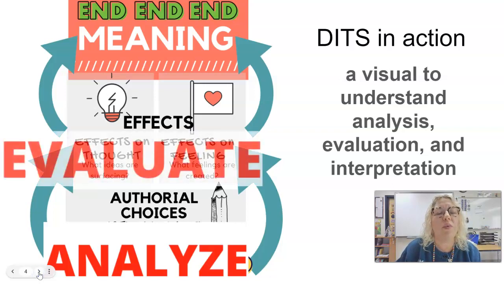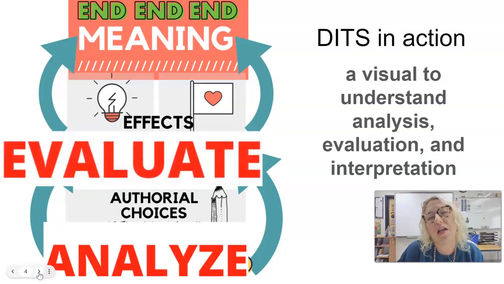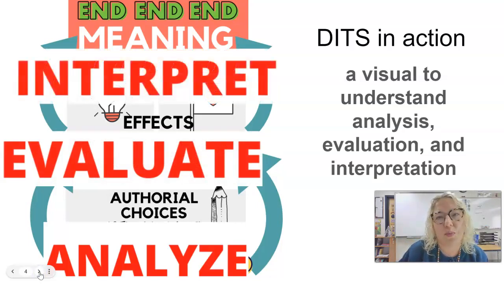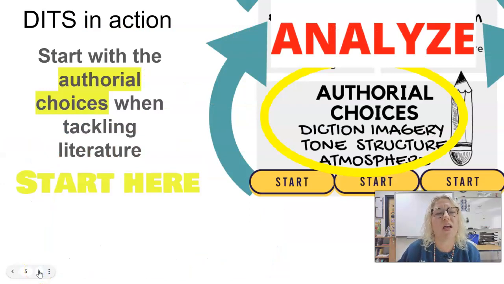And then when we look at their effects on the audience, we're evaluating. That's the next step. And then the third, finally, is to interpret, to say, well, this suggests that the meaning is. And those are the three skills that IB wants you to demonstrate in all of the work that you do in IB HL literature.